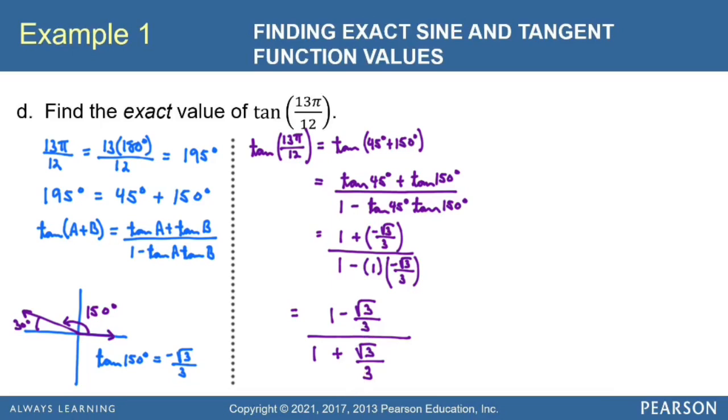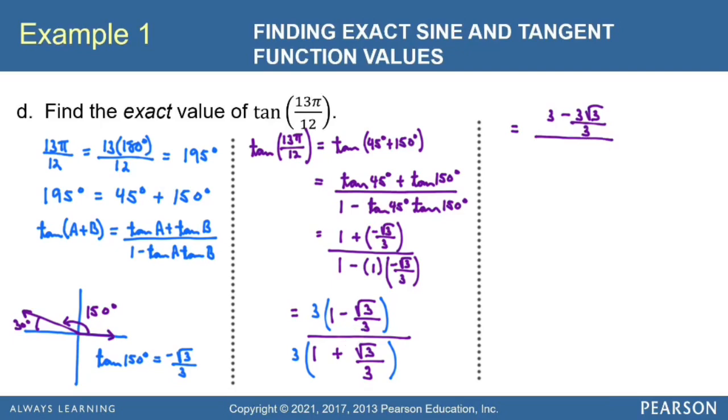Now the next thing to do is to eliminate the little denominators. And we know that in order to do that, we multiply top and bottom by whatever denominator we're trying to cancel out. Here it's a 3, so I've multiplied the top by 3 and the bottom by 3. So now distributing these 3's, in the top, 3 times 1 is 3, and then we have minus 3 times square root of 3 over 3.